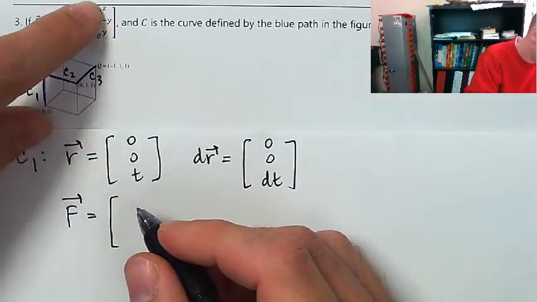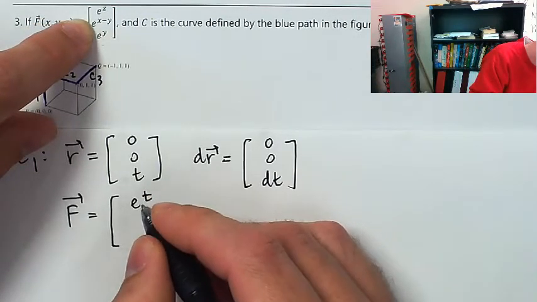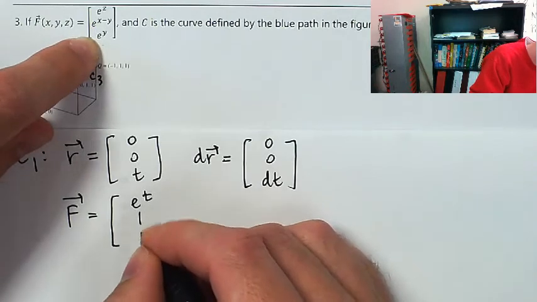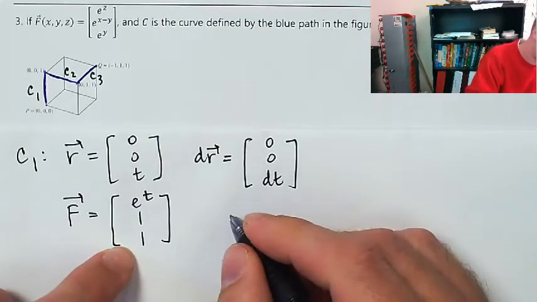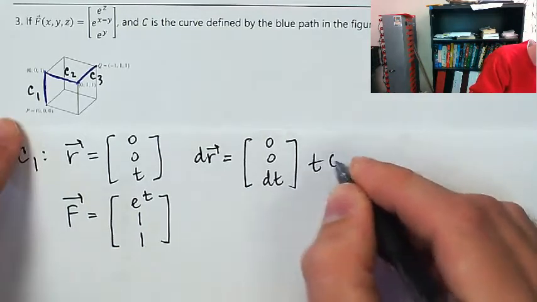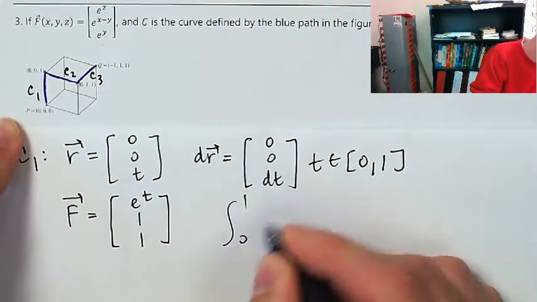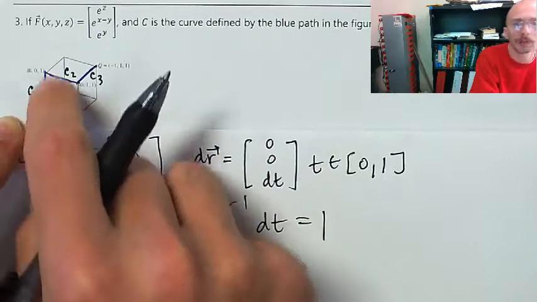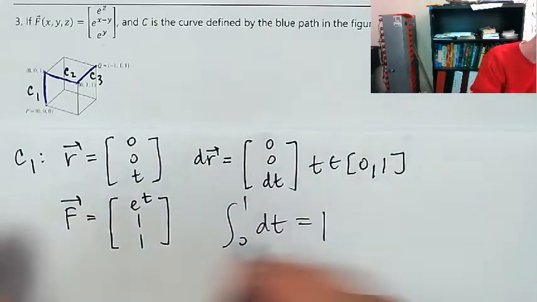F of r of t is going to be e to the t. E to the x minus y is e to the 0 is 1. And e to the y is also 1. So f dotted with dr is just the integral of dt. Oh yeah, and this was t running from 0 to 1. So the integral from 0 to 1 of dt is going to be 1. So on curve 1, I've got 1 unit of work done by the vector field.